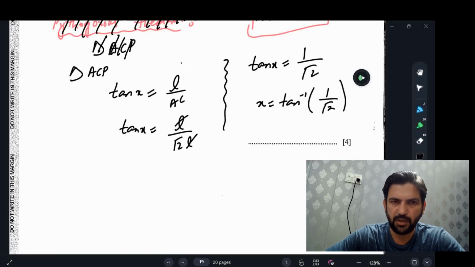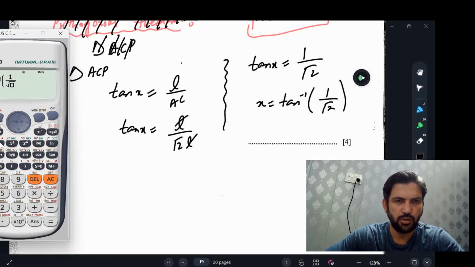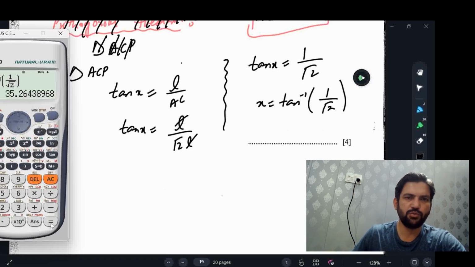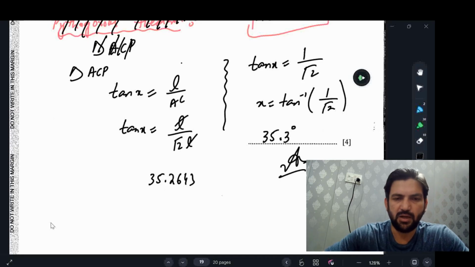Shift tan inverse of fraction 1 by square root of 2, which will be equal to 35.2643. We know that this one is an angle, so we have to correct it to 1 decimal place. 35.3 degrees will be the final answer.